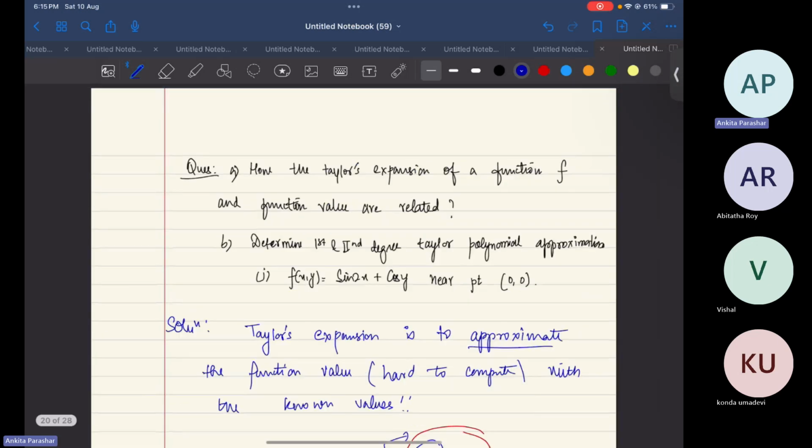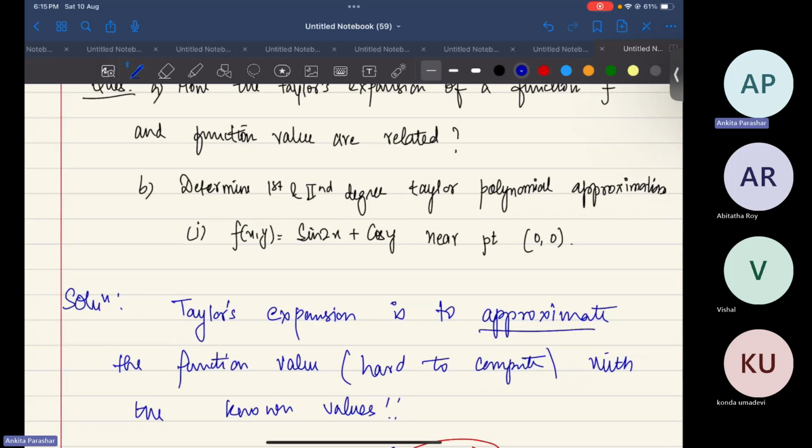Okay, since you know this, now can you quickly tell me part B? Part B is the first and second degree Taylor polynomial approximations for this function. You see, the degree 1 and degree 2 polynomials in the Taylor expansion, up to what point will they come?